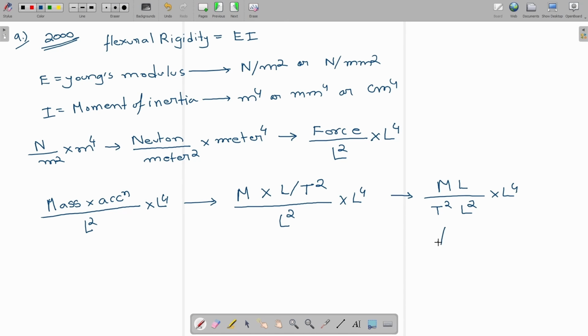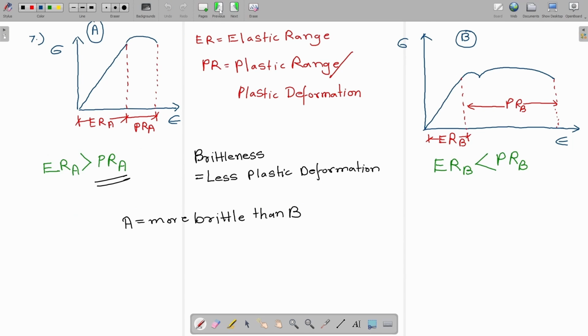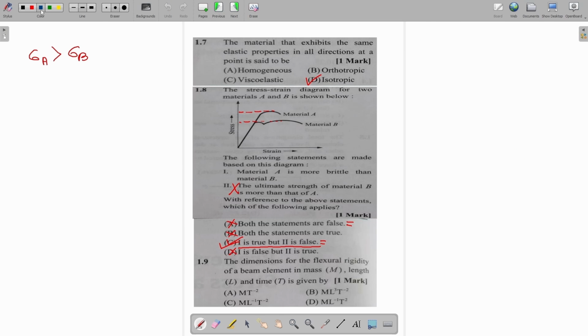Now it can be written as m L cube t to the power minus 2. Therefore the answer is B, m L cube t to the power minus 2.